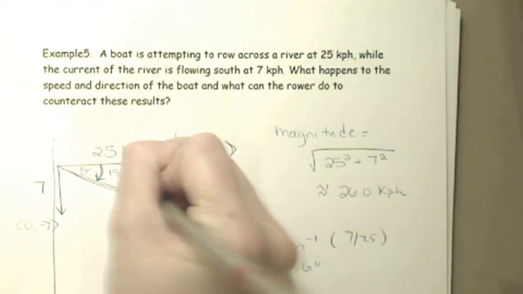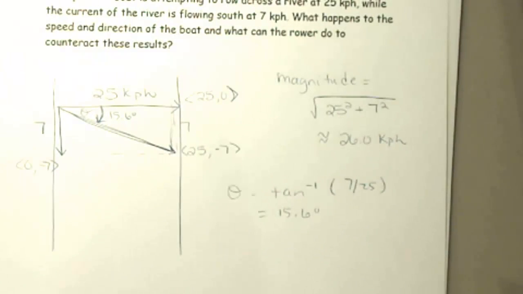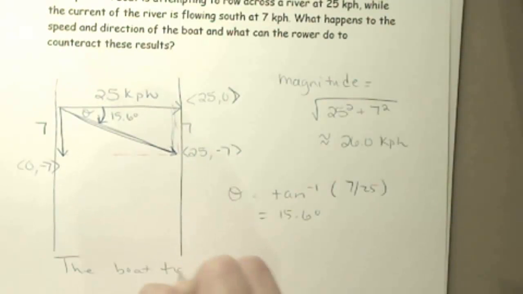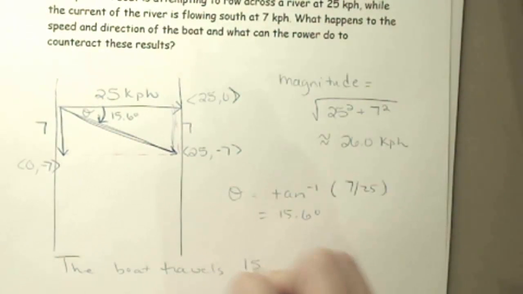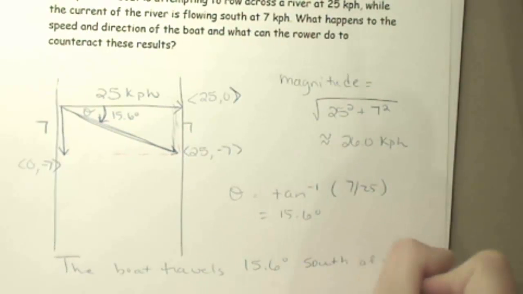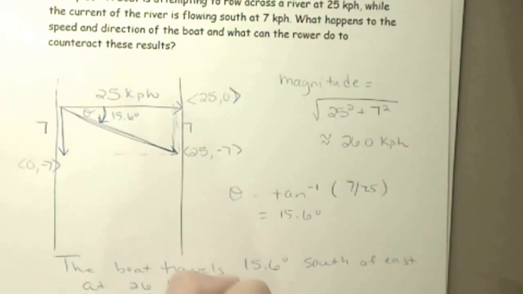That's the angle right there. So we can say the boat travels 15.6 degrees south of east at 26 kph.